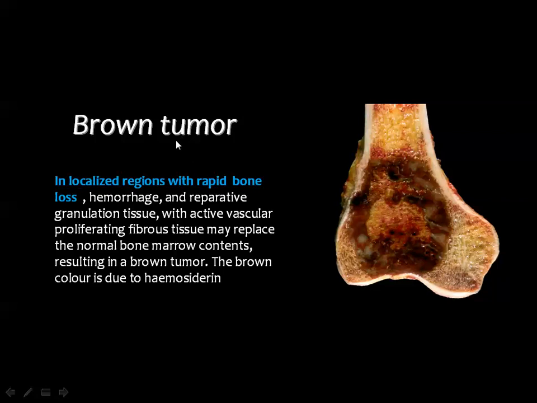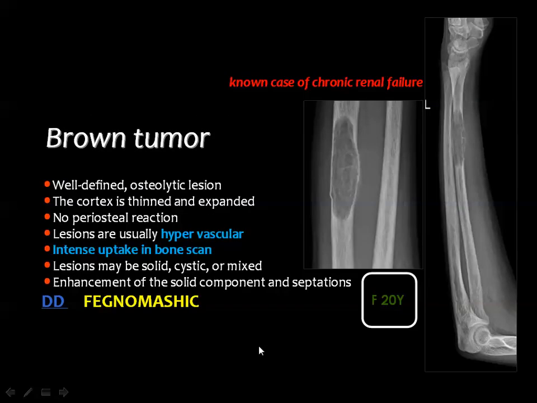The brown tumor is an osteolytic area at the site of aggressive osteoclastic activity with hemorrhage and vascular proliferation. The name brown is from the presence of hemosiderin inside this tumor.